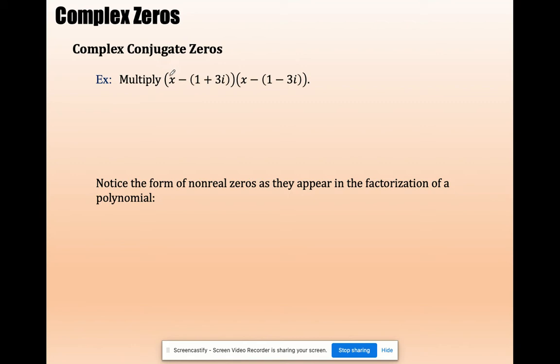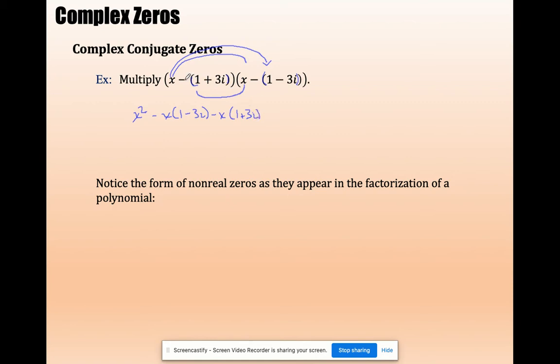So let's multiply. X times x is x squared. X times negative something is negative x times that something. Now I'll go the other way. X times negative something is negative x times that something.